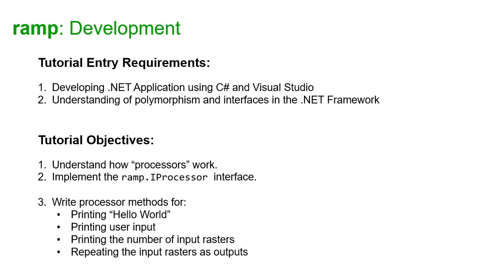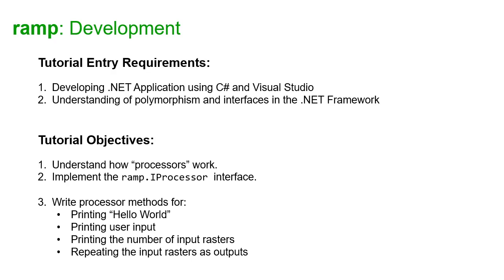So specifically through example, the objectives of this tutorial will be to firstly understand how processes in RAMP actually work, and then to implement the RAMP iProcessor interface, which we'll come to a little bit later, in C#, and then to write some processor methods that will do some very simple things. So we'll do a very simple hello world example.